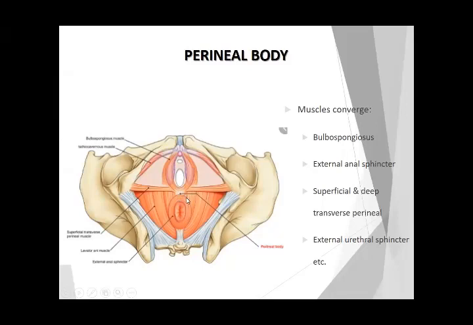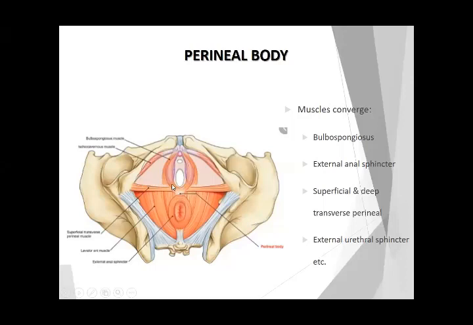You have the external anal sphincter, fibers of the external anal sphincter also. Then this is the superficial transverse perineum. This is the muscle on the inferior surface. This is the perineal membrane. This is the perineal body. We are viewing this perineal membrane from the inferior surface.